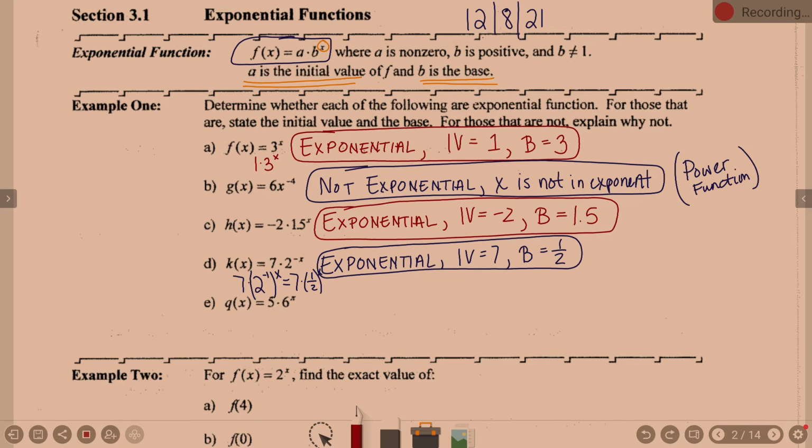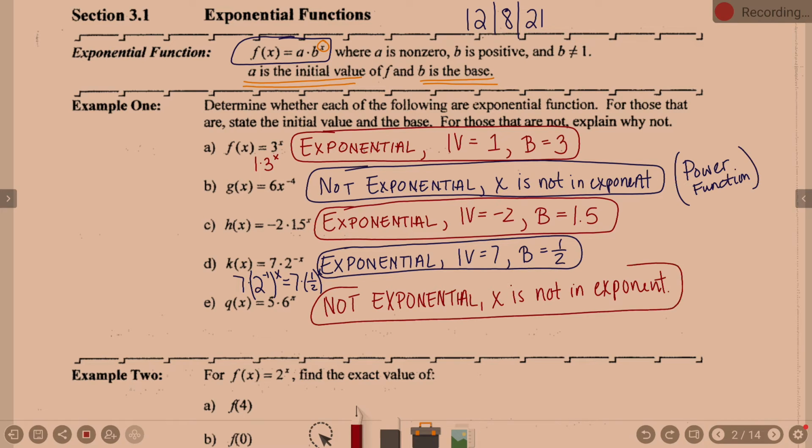So I'm going to say not exponential, and I'm going to use the same explanation I said earlier, that x is not in the exponent. You could also say there is no x.